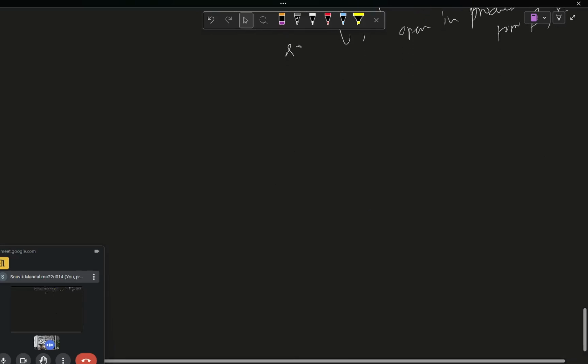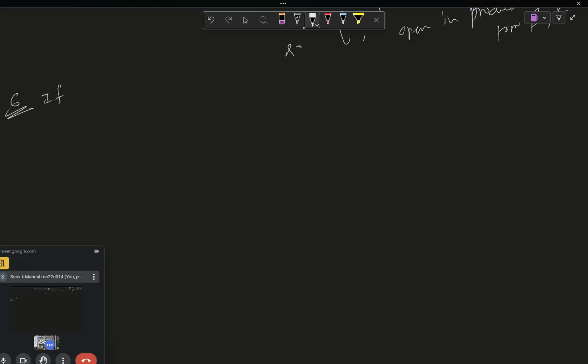So the question: if Y is infinite with the cofinite topology and X is any topological space, then C(X,Y) is connected.